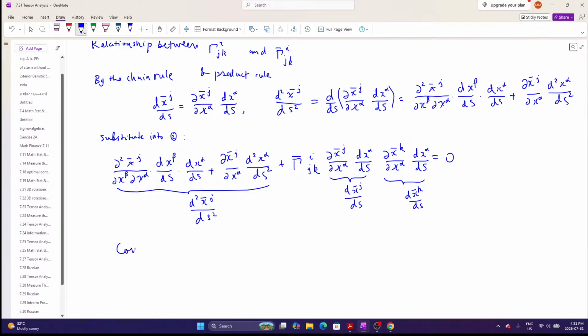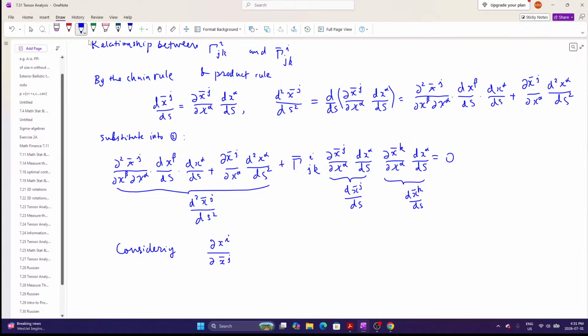So considering the fact that I wanted something like this. So I want d squared x^i, for example. What should I do? So let's multiply dx^i over dx bar j.